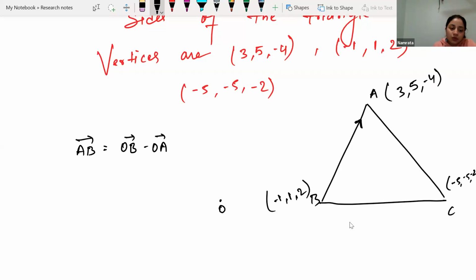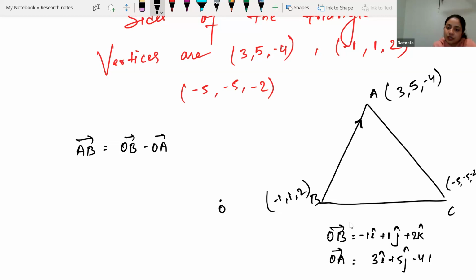Now what will be OB? Here it is -1i plus 1j plus 2k. What will be OA? That will be 3i plus 5j minus 4k. Right? Let's write it.